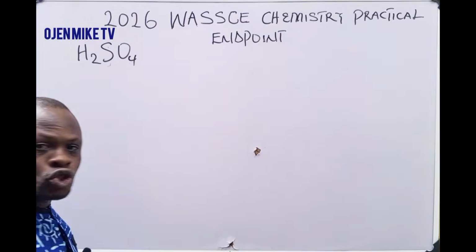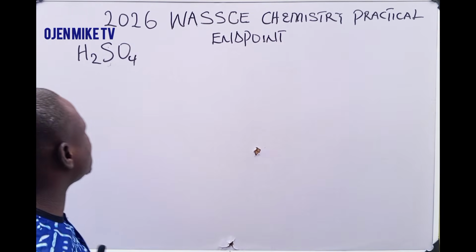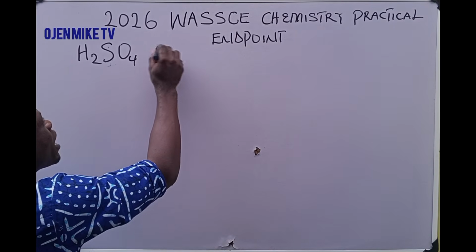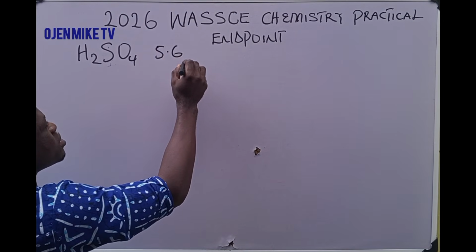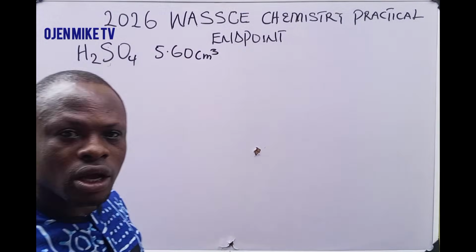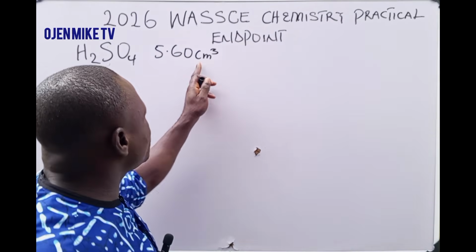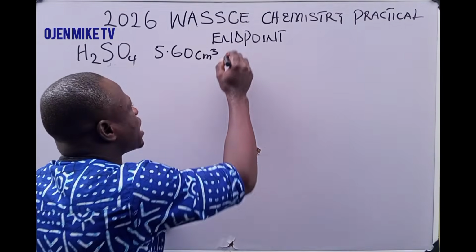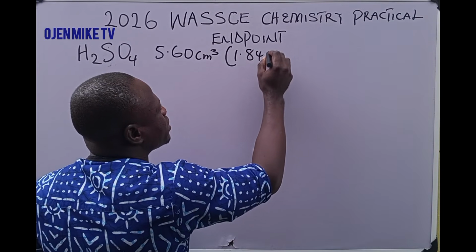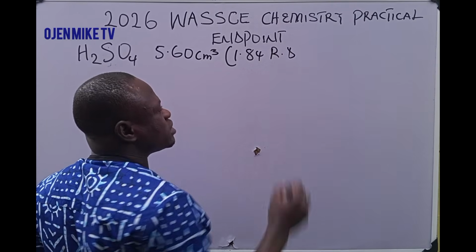And this H2SO4, that is sulfuric acid, we are given a volume of 5.6 cm cubed. And now we are given the relative density of this acid as 1.84. That is the relative density.